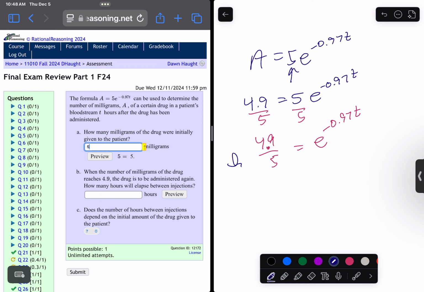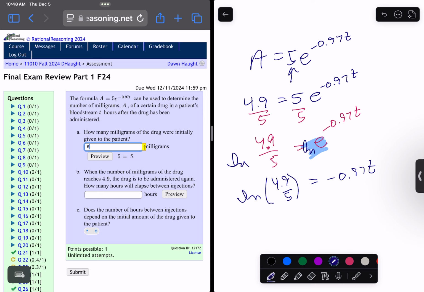So watch. Natural log, natural log. Ooh, what happens? That's gone. So we just get the natural log of this fraction equals the power, negative 0.97t. Because if the power drops down in front, the natural log of e is 1, and they cancel out.